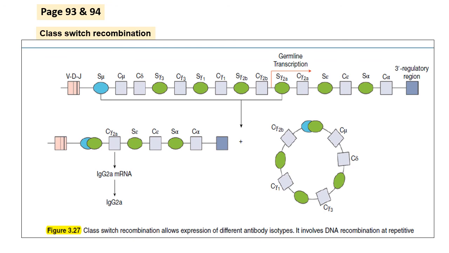The DNA between the two switch regions is excised and forms a circle, as is very clear here from the cuts of DNA, and then the two regions are joined with each other in order to form the messenger RNA coding for the new immunoglobulin isotype.